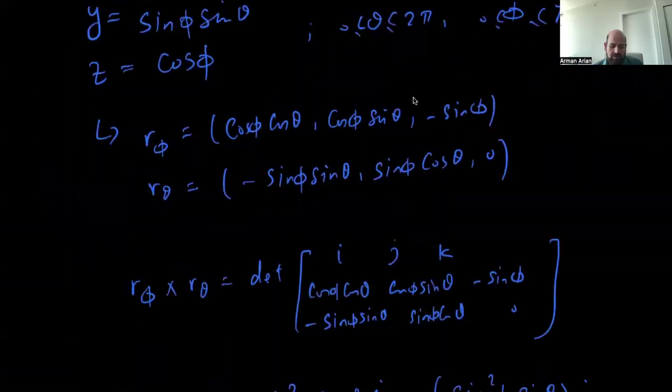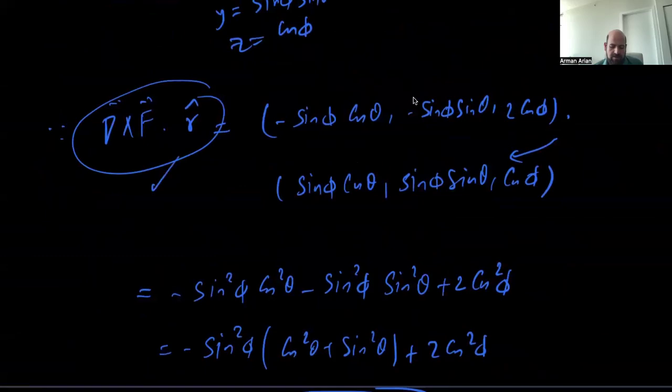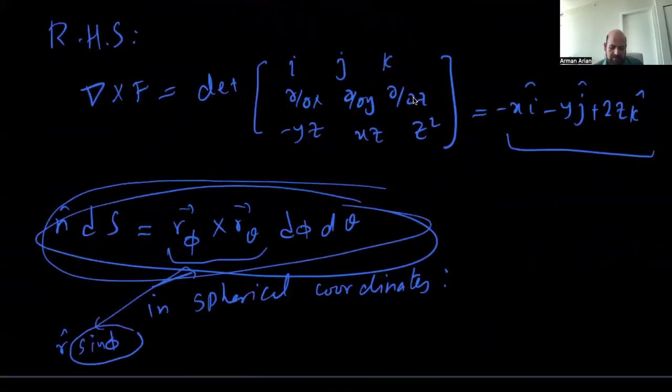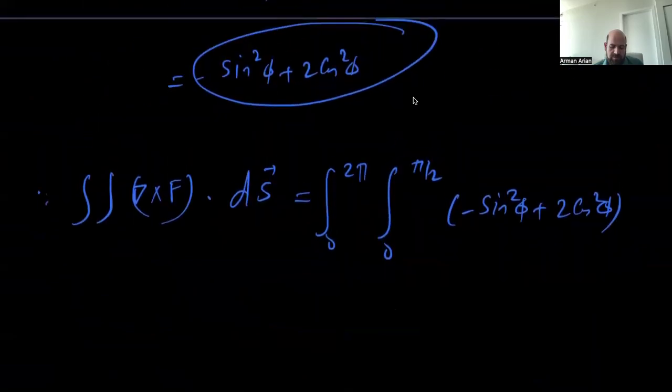So dot with r hat is already done, but this sine phi is still an extra factor which I need to multiply with. So I need to multiply this with extra factor sine phi, and then d phi d theta.